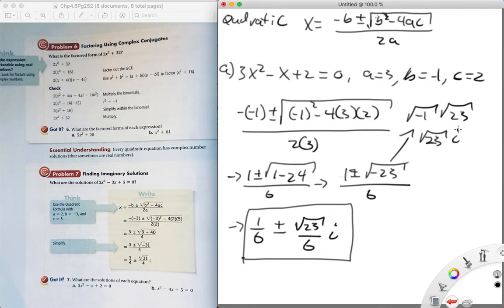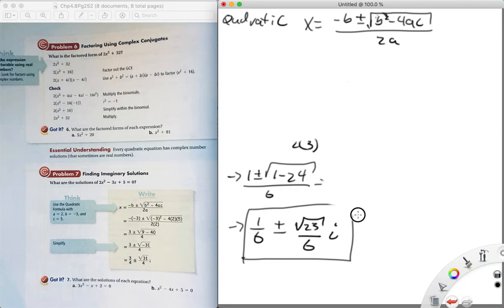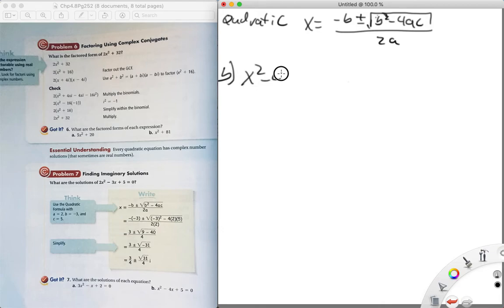Okay? So that's a, and then b. We have x squared minus 4x plus 5 equals 0. a equals 1, b equals negative 4, c equals 5.